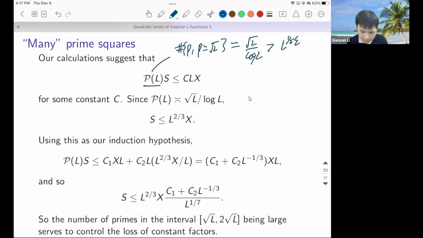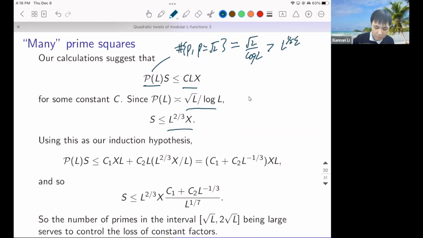So this is less than C L X for some constant C. If we just assume this is true, and we divide through by L root L over log L, then we would derive that S has to be bounded by L to the 2/3 times X. So L to the 2/3 can be L to the 1/2 plus epsilon, actually. I'm just picking epsilon to be 1/6.